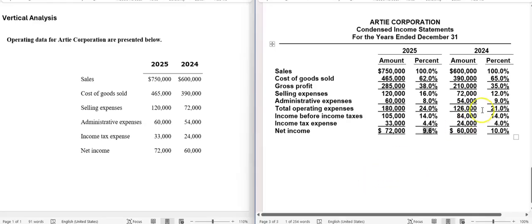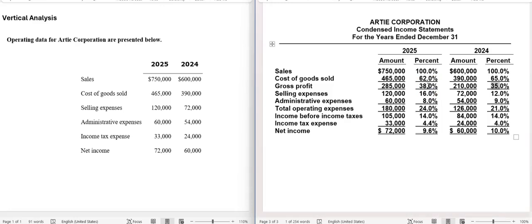Okay. And looking through here, it looks like we did a good job of controlling the cost of the inventory that we sold because our gross profit of 38% increased over last year. We have a bigger profit off of selling our inventory, so that's good.